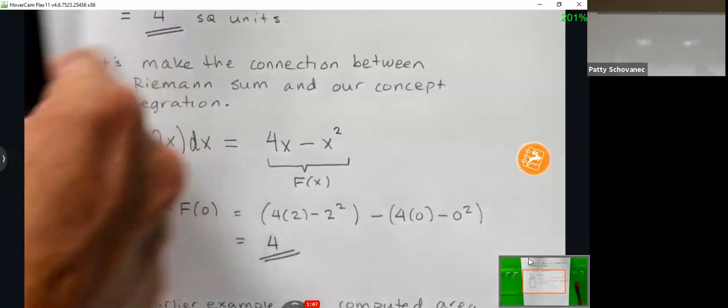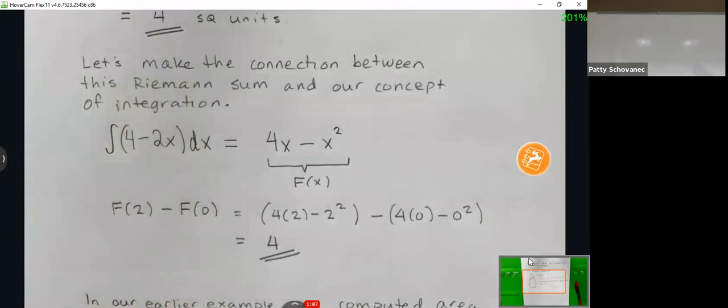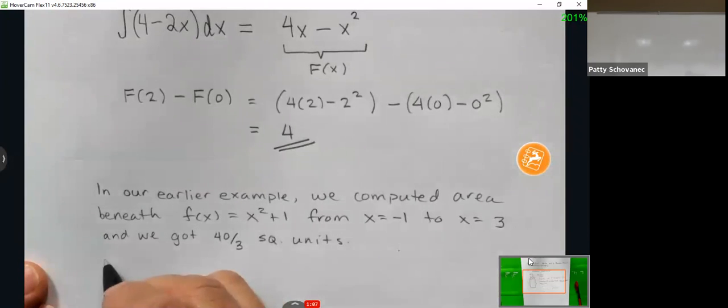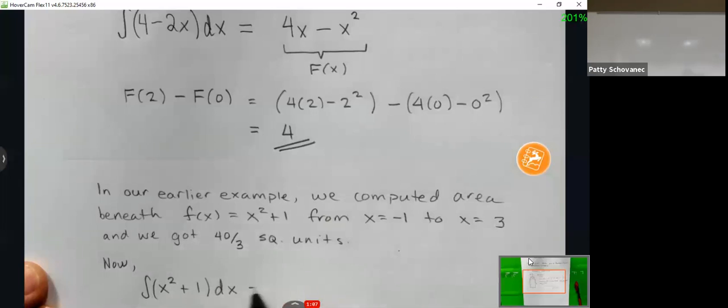So let's try it using the antiderivative. Let's compute the antiderivative of x squared plus 1. You integrate x squared with the power rule.